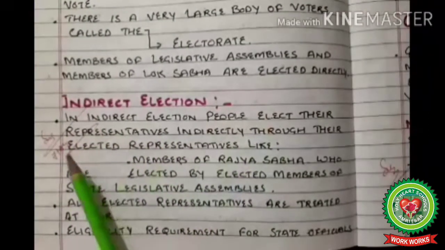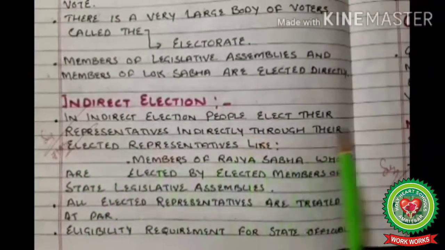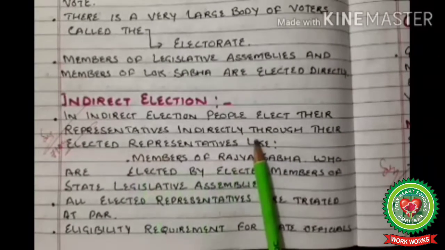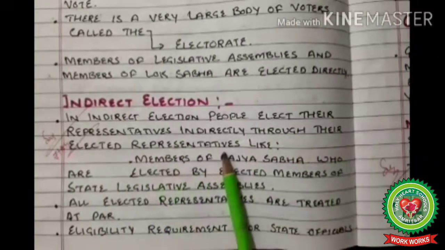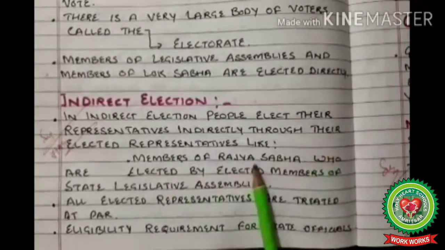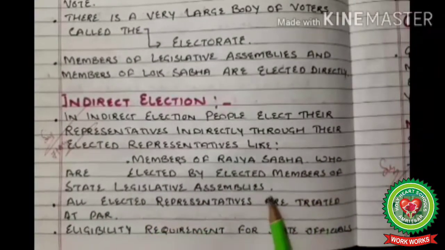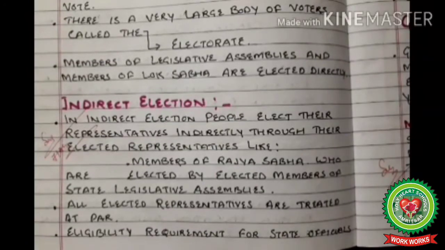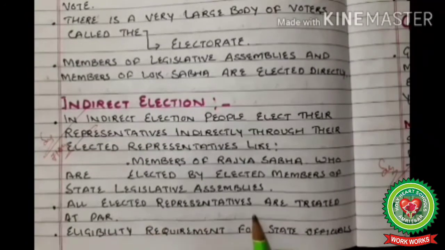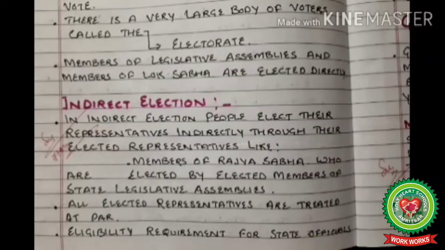Indirect election. In indirect election, people elect their representatives indirectly through their elected representatives, like members of Rajya Sabha who are elected by the elected members of state legislative assemblies. All elected representatives are treated at par.